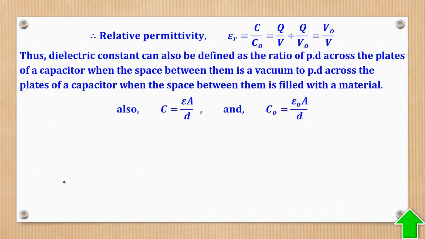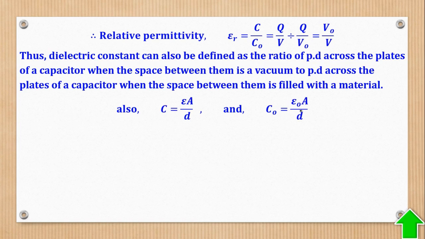Also, there's this definition which we also saw about capacitance: capacitance is equal to permittivity of the material times the area of the plates divided by the plate separation. This is for when there is material, and this is for when there is no material, when the space is filled with vacuum. Here it will be epsilon naught, which means permittivity of free space, times the area of the plates divided by the separation of the plates.